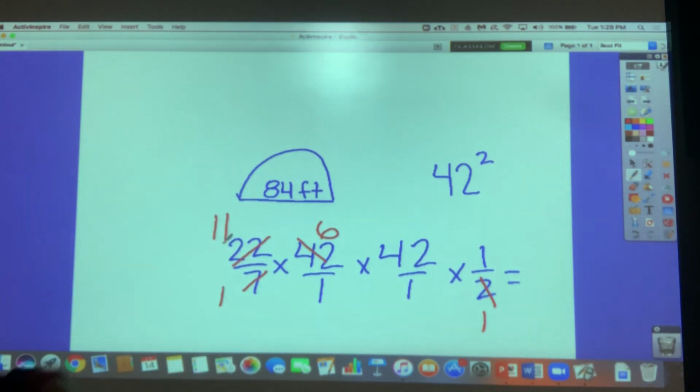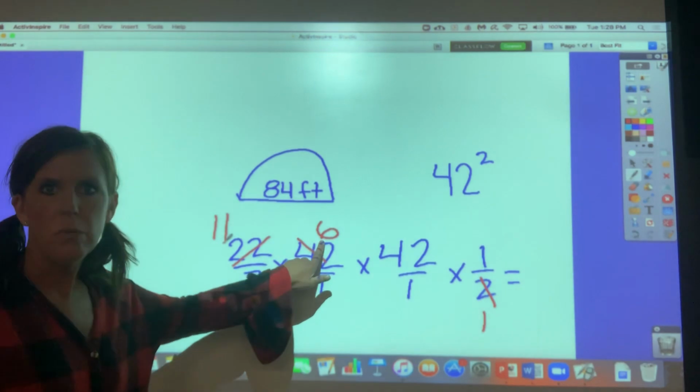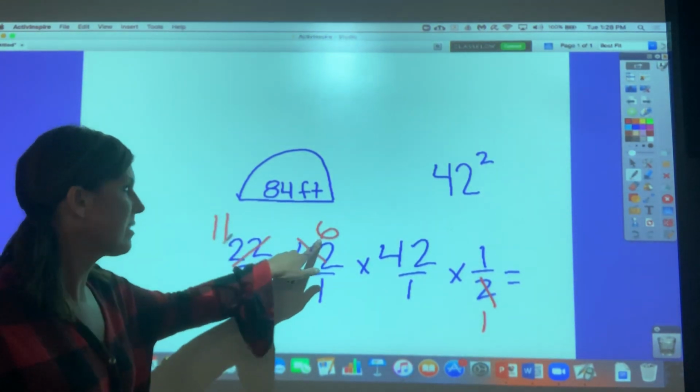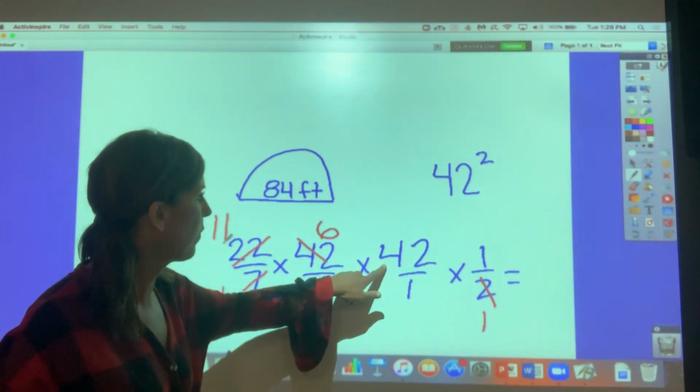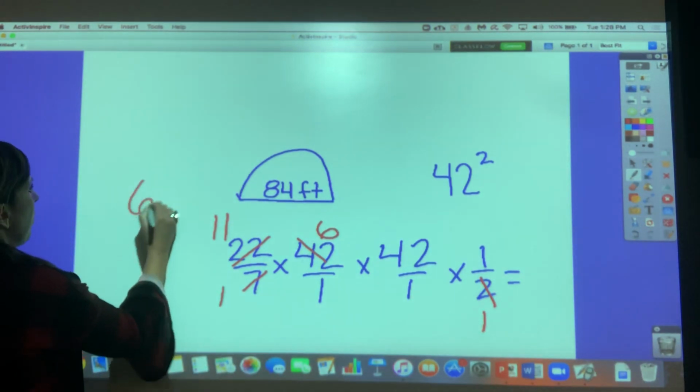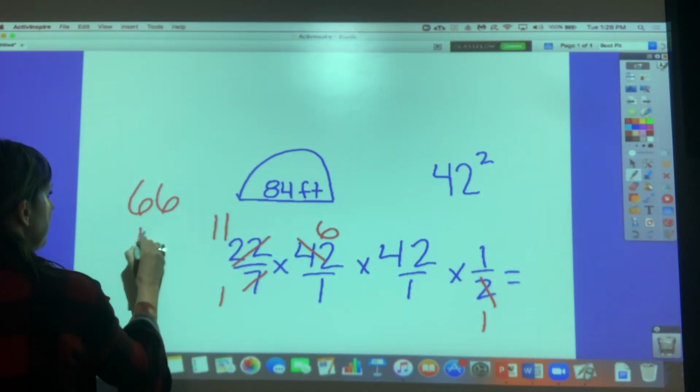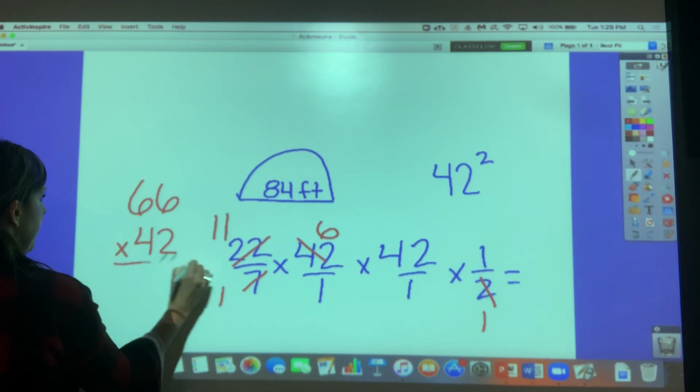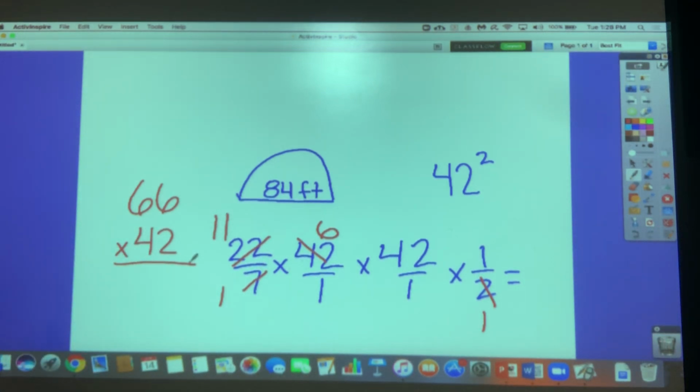All I have left is 11 times 6, which is 66, and then times 42. By writing it out like that, I only have one multiplication problem at the end to solve. So 66 times 42 is going to be my answer.